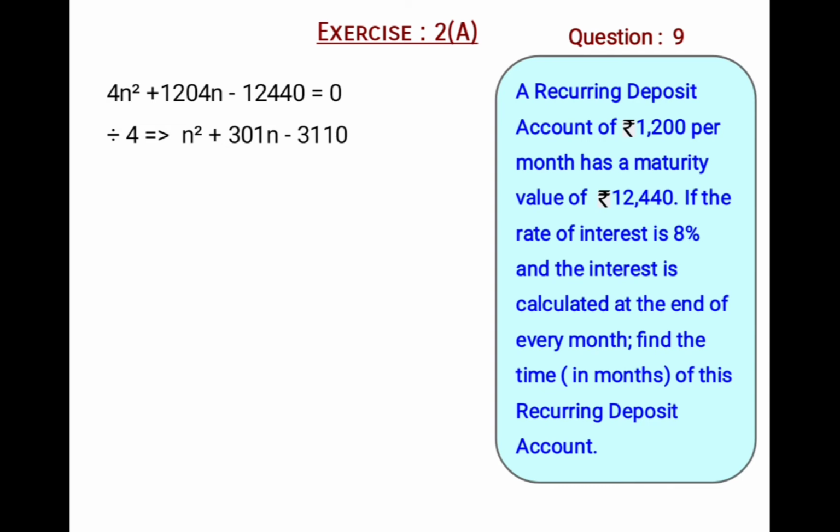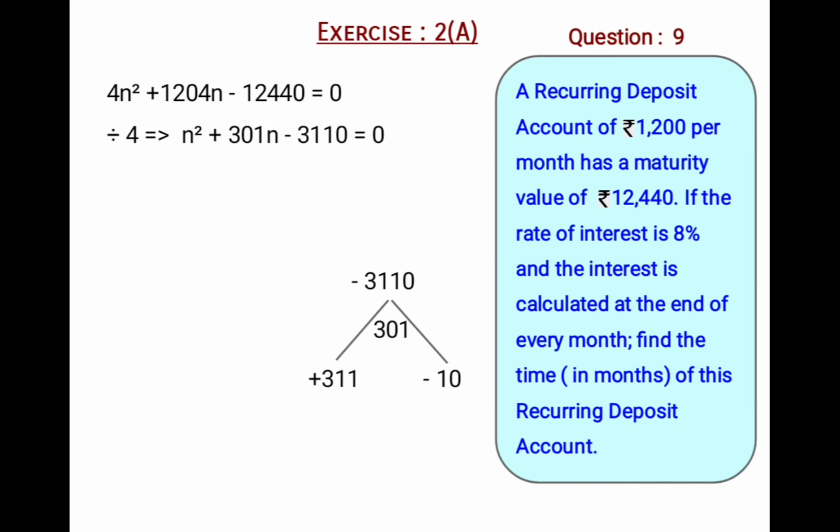3,110 equal to 0. Now we need to find the two values. When we multiply the two values, we need to get minus 3,110. When we add or subtract the two values, we need to get 301. The required values are plus 311 and minus 10.